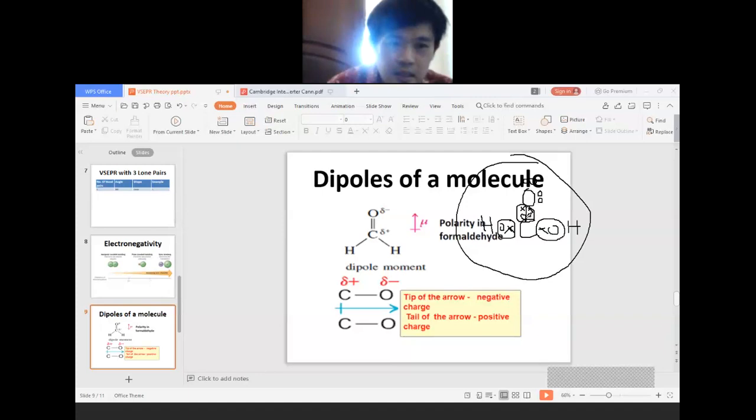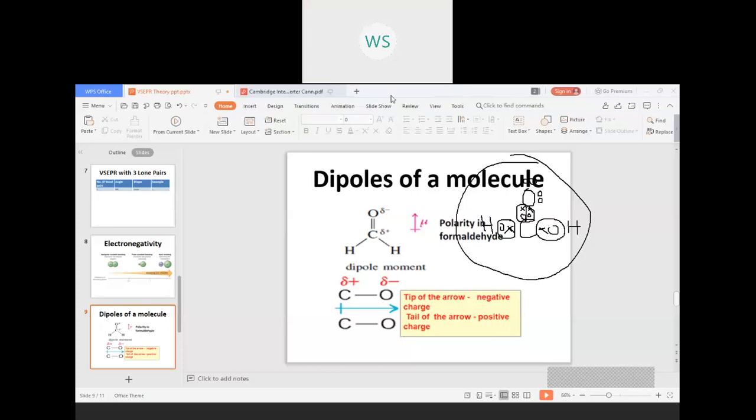But according to VSEPR, formaldehyde has only three bond pairs and no lone pair.